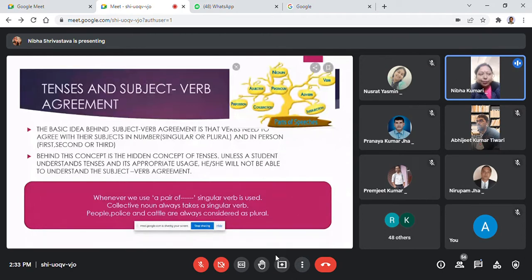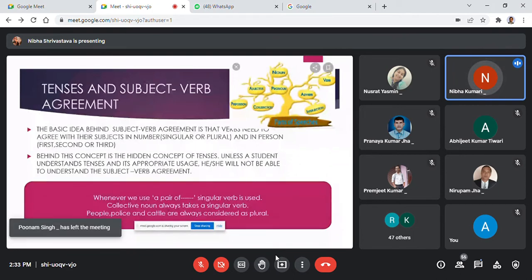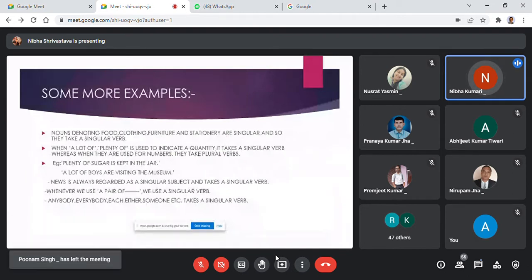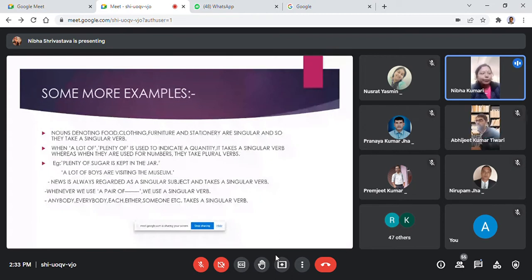But these nouns, people, police, cattle, are always considered plural, so they always take plural verbs. Okay, some more examples here. Nouns denoting food, clothing, furniture, and stationery are singular, and so they take a singular verb.